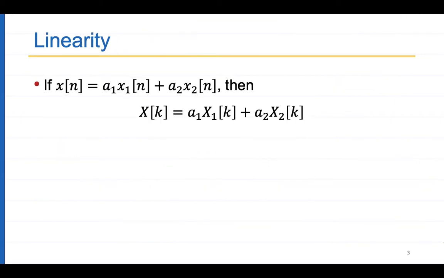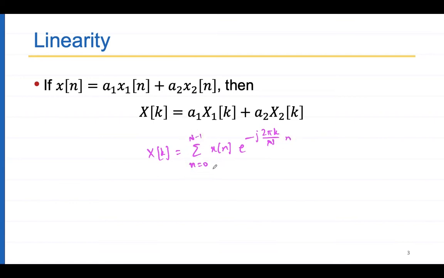Now, one property of DFT is linearity. As you have seen, X[k] is simply the summation over x[n] e to the power minus j 2 pi k upon capital N times small n, and n goes from 0 to N minus 1.